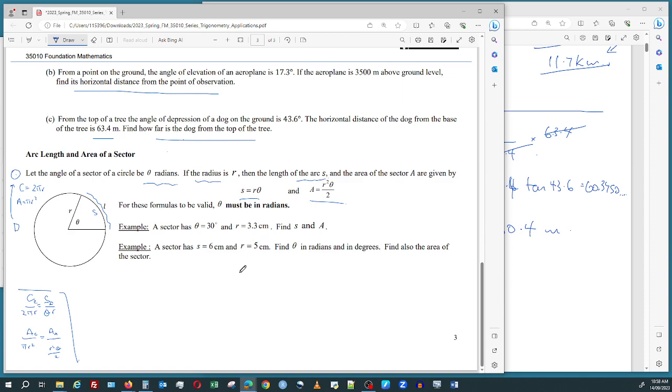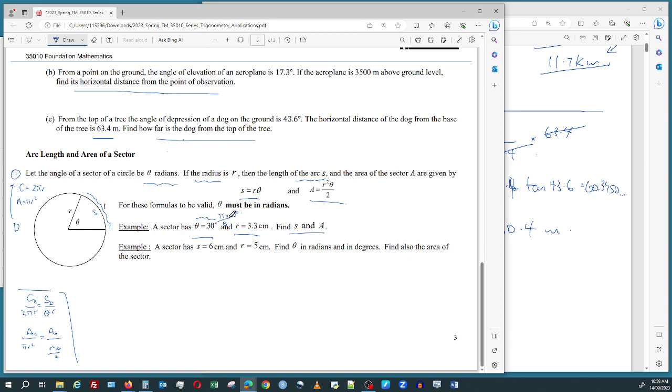Now consider the example: a sector with theta of 30 degrees and radius R of 3.3, find S and A. By recognition, the smaller angle has the bigger denominator, so pi on 6 is 30 degrees.